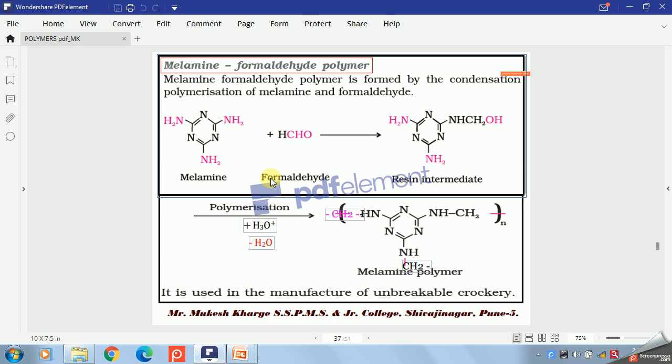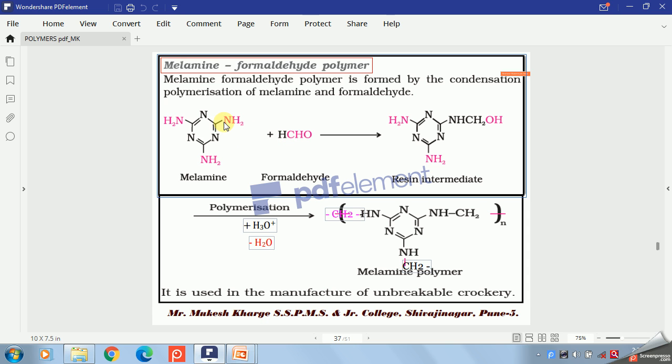Then melamine-formaldehyde polymer. This is the second type of polymer. Here, this is a melamine compound. It is a heteroaromatic compound, which reacts with formaldehyde HCHO. So the hydrogen from this NH2 group of melamine reacts with the carbonyl oxygen.